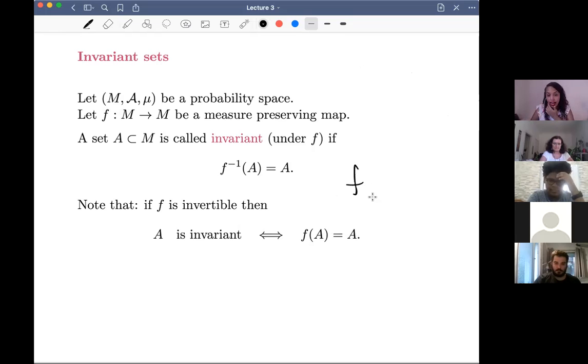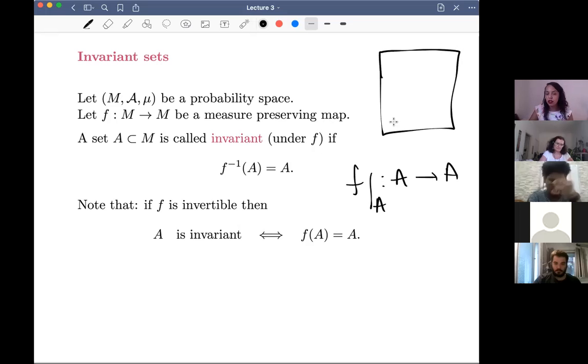So if you take F and restrict it to A, you can say that A goes to A because the image of A goes to A. So you can divide your dynamics completely. You get A here if it's invariant, and the complement. The complement of A is also invariant because if the image of A is A, the image of the complement cannot go to A. So the image of the complement is inside of the complement.